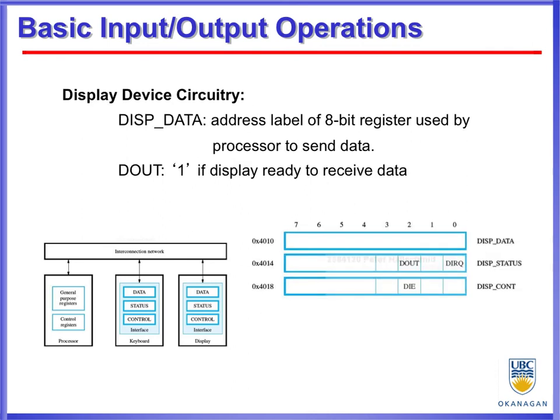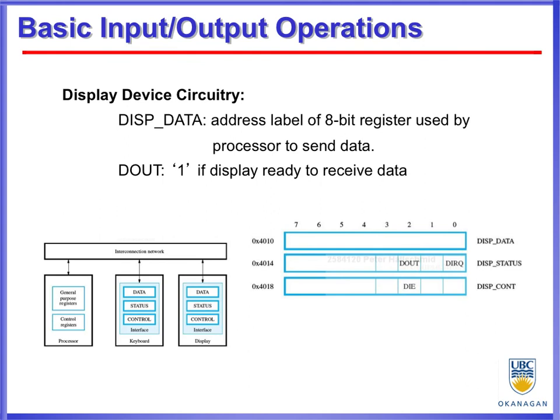Likewise with the display, it's just the other direction. The display itself will have 3 registers, memory locations that are physically located in the display, but they will have unique addresses that are part of the address space of the computer. So the computer can reference the display data register and the display status register by referencing address 4010.